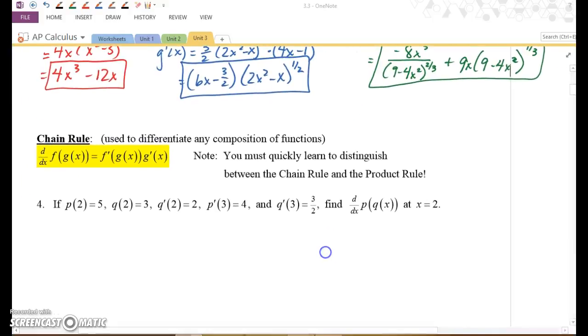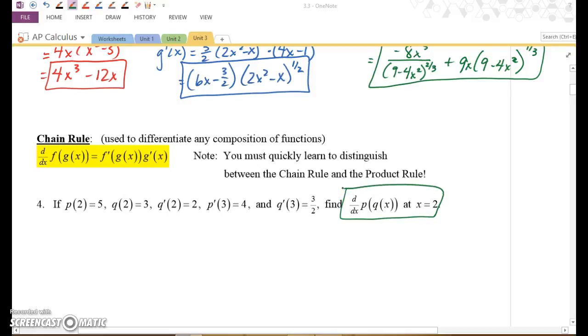Now the chain rule is used to differentiate a composite function, so f of g or g of f, something that is slightly more complicated, something that's been plugged into a different function. So this is kind of an interesting example. They give us all this information, and we're going to use these little pieces in order to do this piece right here.